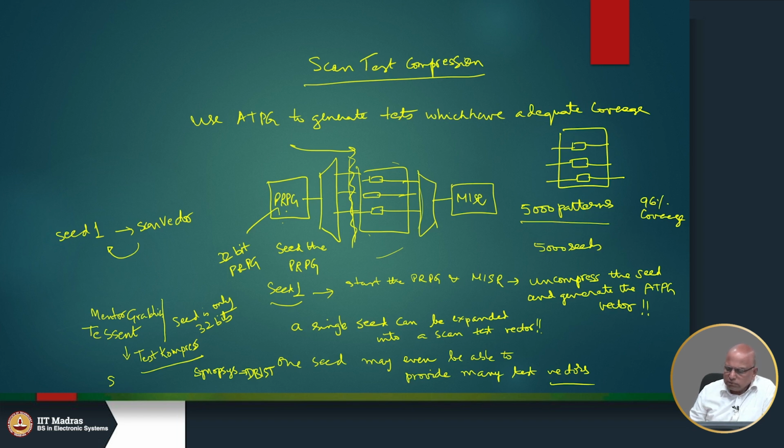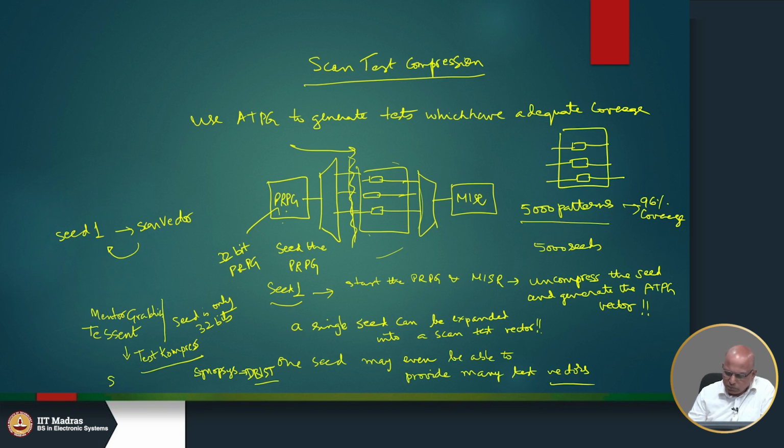The seed will be uncompressed. So, if you have 5000 patterns which give you 96% coverage, you can take those 5000 patterns, use a tool like dBIST or TestCompress and calculate 5000 seeds. In the worst case 5000 seeds, but it may be fewer than 5000 seeds. And the seeds can be there in the tester. Okay. So, the tester now does not need that much memory. It only stores the seeds.